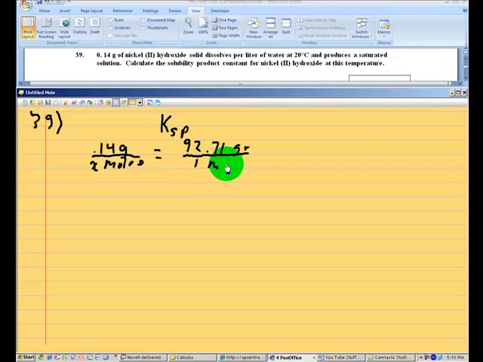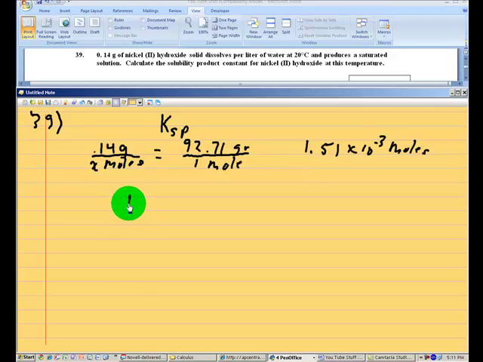So that's the weight of 1 mole. If we now cross multiply, we would find out that we have 1.51 times 10 to the minus 3 moles of the nickel hydroxide. Now, if we know we have that many moles in 1 liter, that is the molarity of the nickel hydroxide.